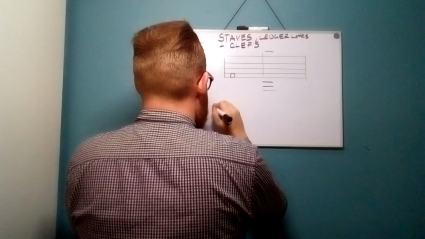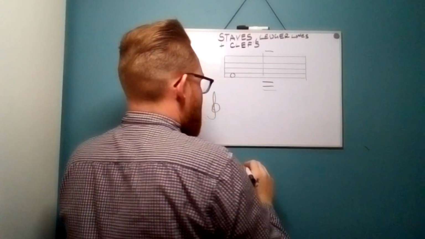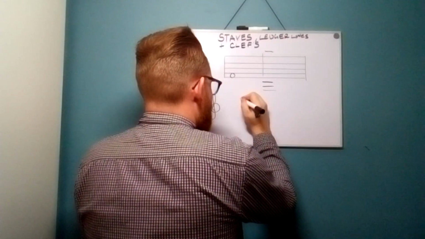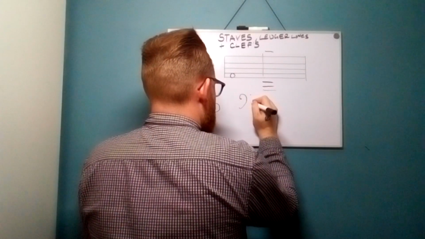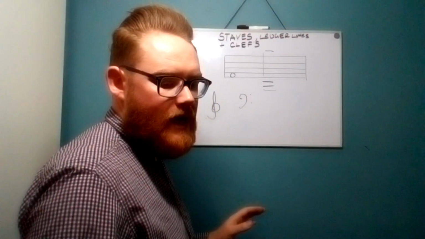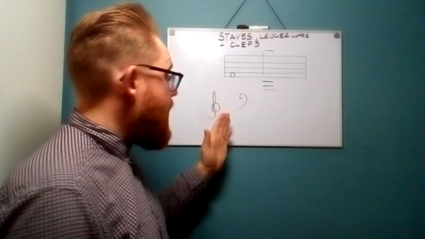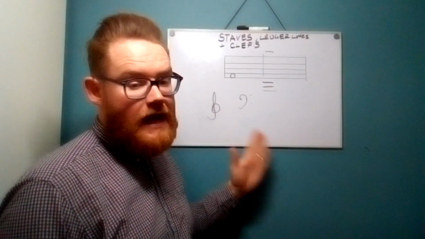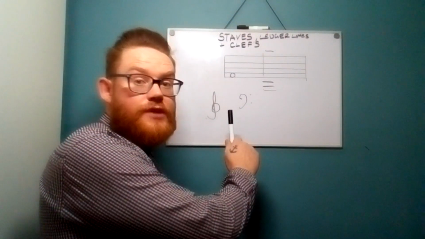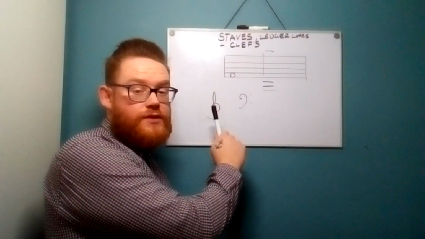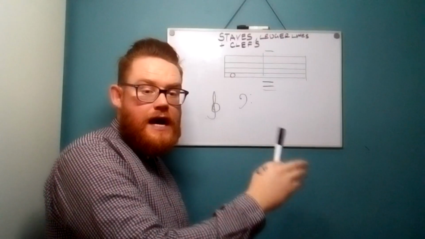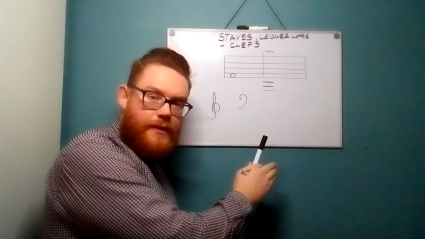So let's do it a bit slower. So what we have here is treble clef or G clef and bass clef or F clef. Treble clef, should I say, is for notes that are high pitched, and bass clef for low pitch.